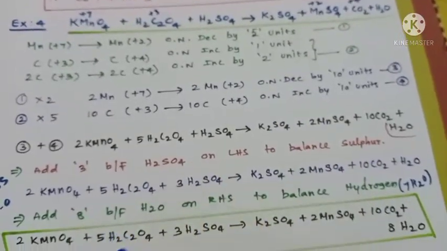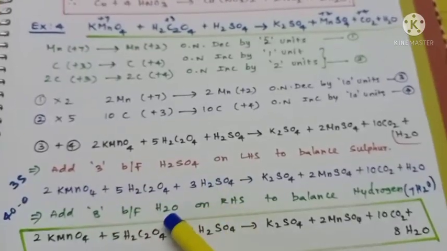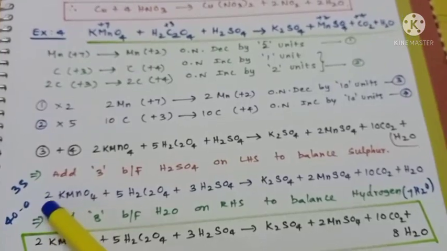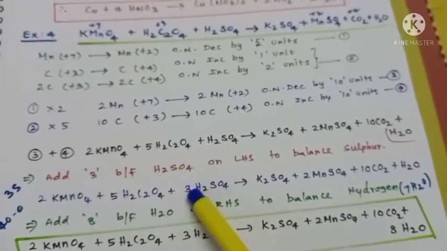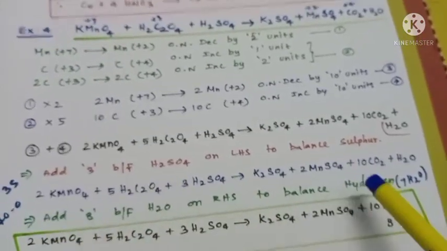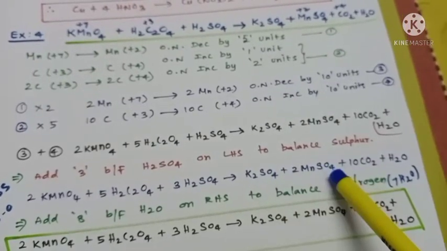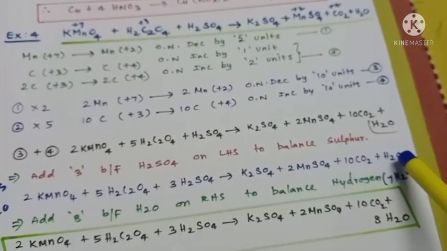Now I am going to check oxygen. On the left side there are totally 40 oxygen atoms: 2 fours are 8, 5 fours are 20, 28 plus here 12, 40 oxygen atoms. Whereas on the right side: 4 plus 8 is 12, 20, 32, 33.